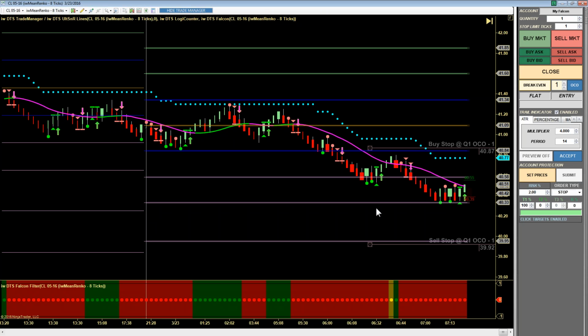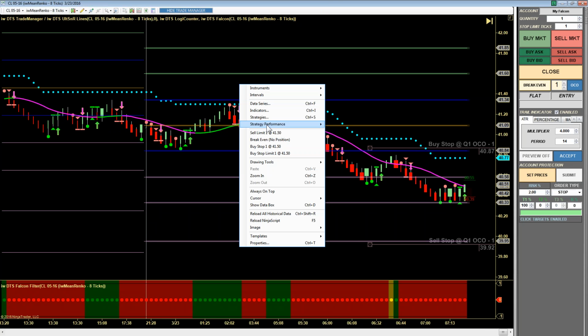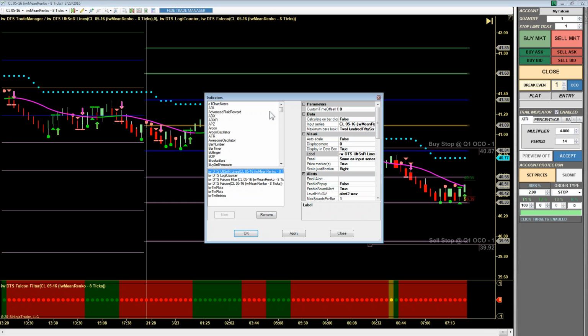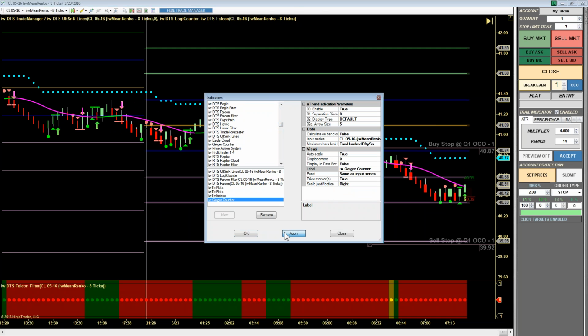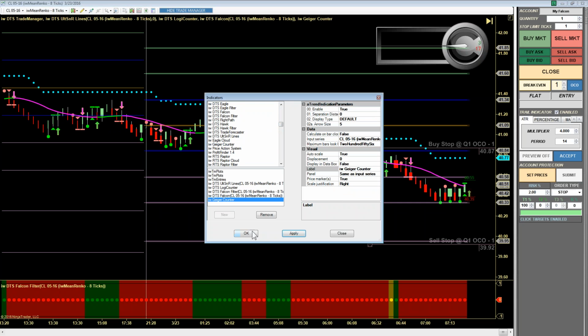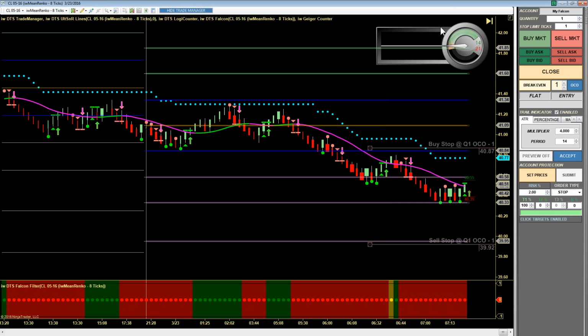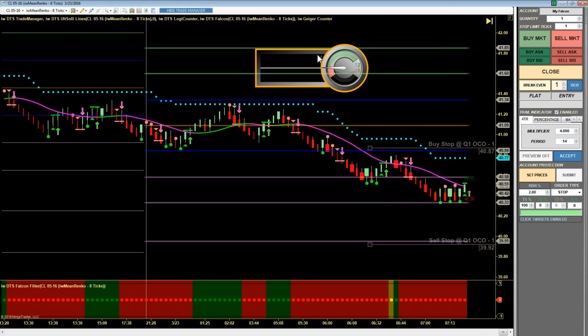Give us a little bit of room here. Just for fun, we'll throw a Geiger counter on here. Where are you, Geiger counter? There we are. So we'll put a Geiger counter up so we can watch the order flow.